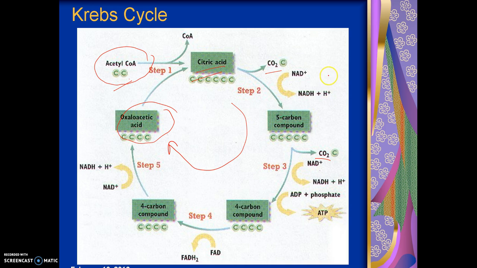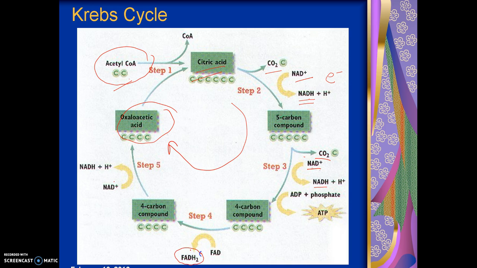But all that energy that's released is released in the form of high energy containing electrons, which are taken up by these coenzymes like NAD to form reduced coenzyme NADH. So you end up with 3 molecules of NADH, 1, 2, and 3.